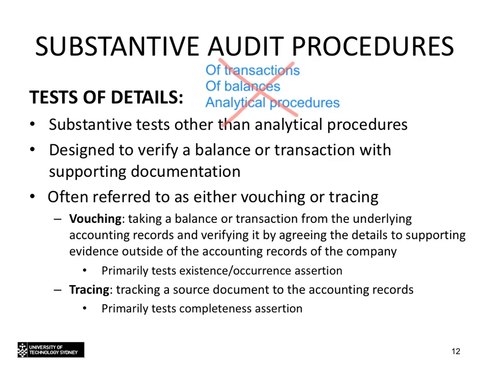They're mostly a couple of different common things that we know a lot about already. Most procedures involve vouching or tracing, starting at one end, moving forward, or starting at the end, moving backwards. And usually, when you are vouching or tracing, you're also inspecting and recalculating at the same time.